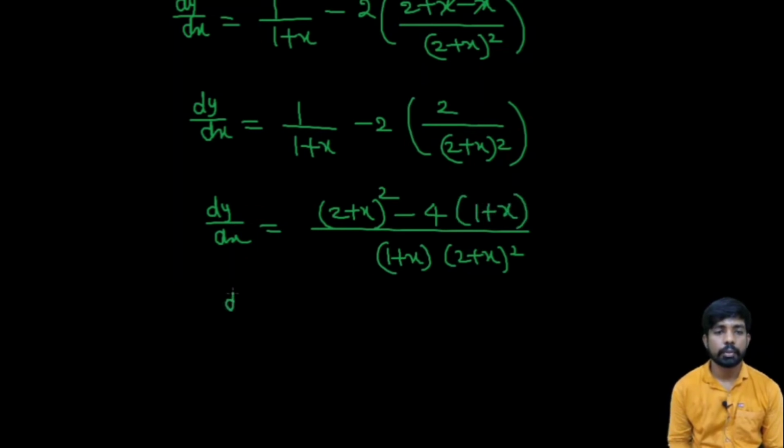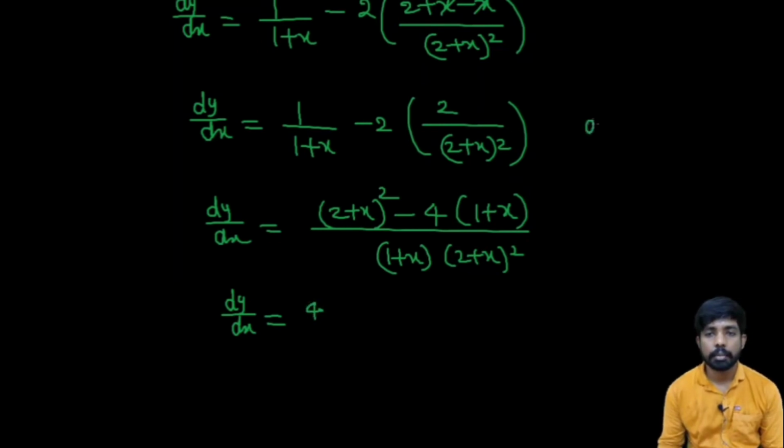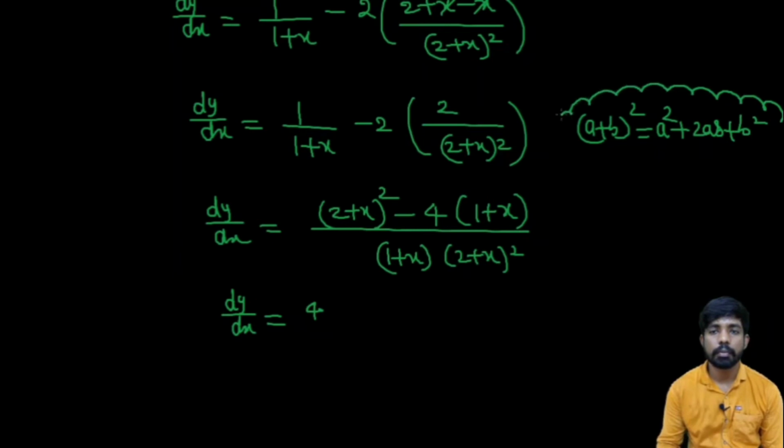Okay, so dy by dx is equals to 2 plus x whole square, a plus b whole square, formula is a square plus 2ab plus b square. This is the formula. So I am applying here formula.